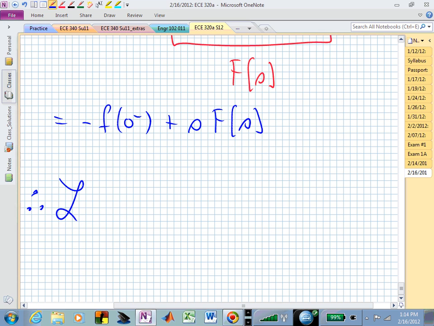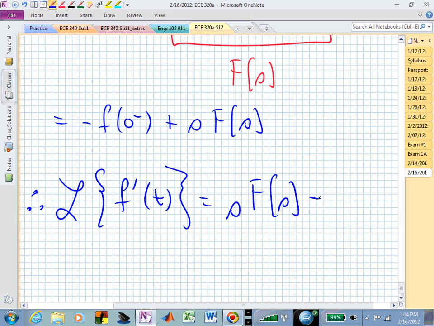Therefore, I can conclude that if I have this derivative and I take its Laplace transform, and if I know the Laplace transform of little f, then I can find the Laplace transform of f prime. That's just s times F of s minus f of 0 minus. And what is that 0 minus?